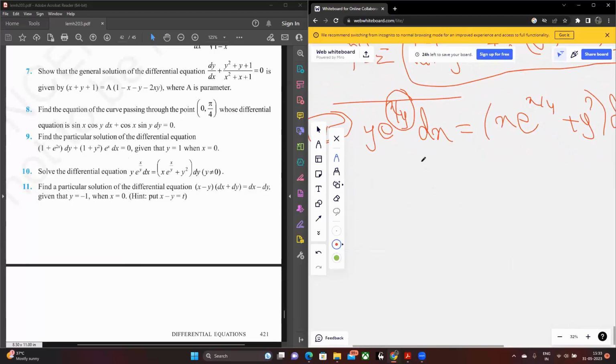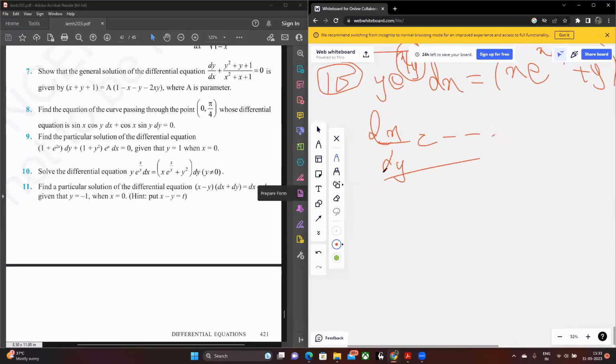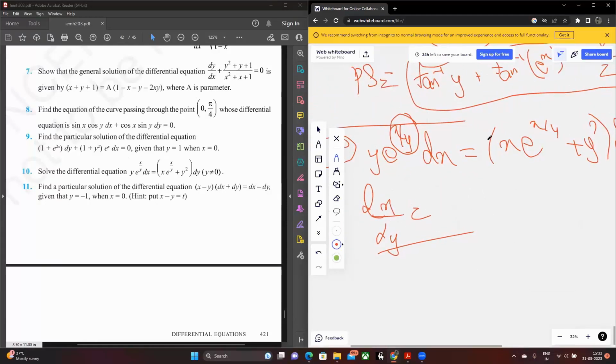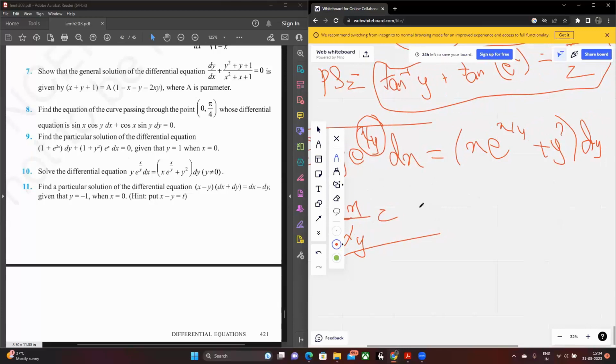So this is going to be a homogeneous equation of the form dx by dy equals something. I'm skipping some steps and directly writing this form: dx by dy equaling (x e power x by y plus y squared) divided by (y e power x by y).